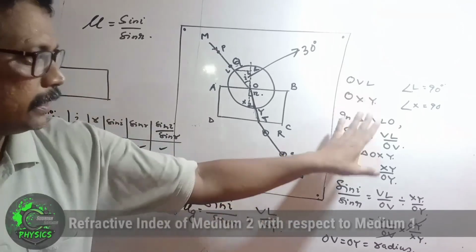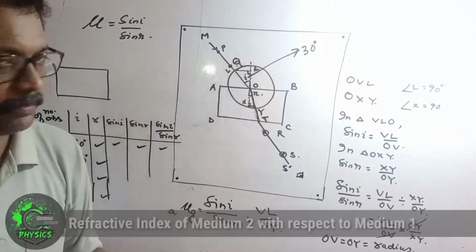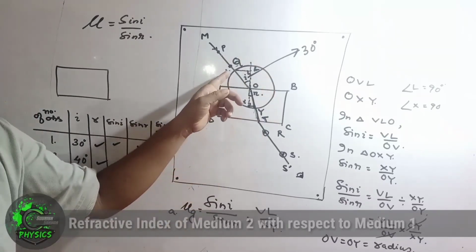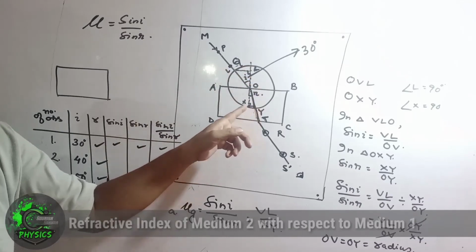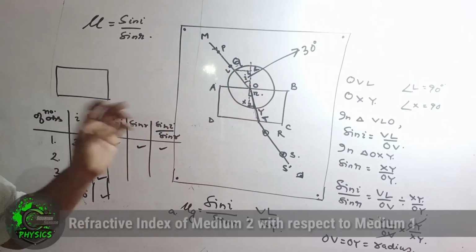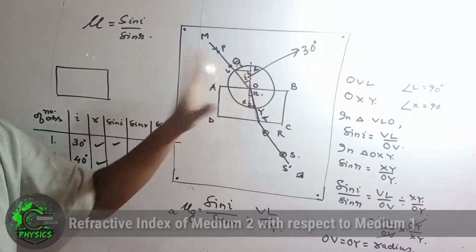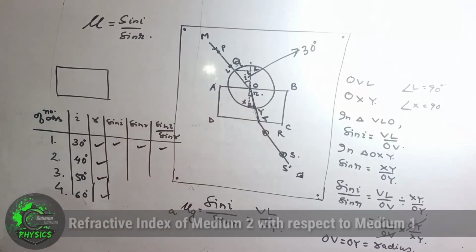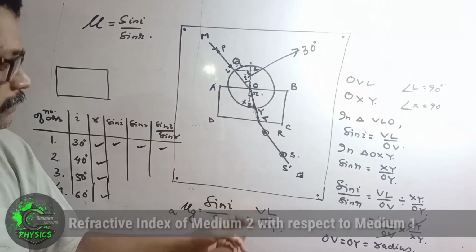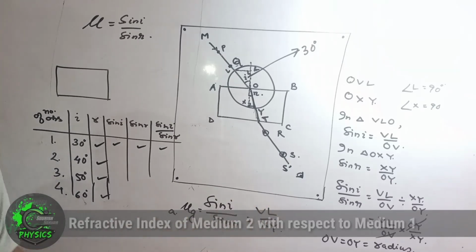So you can understand on the basis of this calculation that after drawing this circle, you have to project the point V on this normal, and the point Y on this normal. And from this projection, you have to measure the length of VL by scale and the length of XY by scale. And you divide these two values and that result is the refractive index of glass with respect to air.